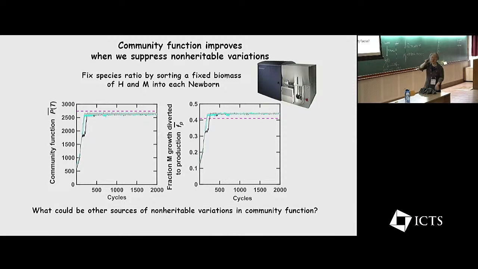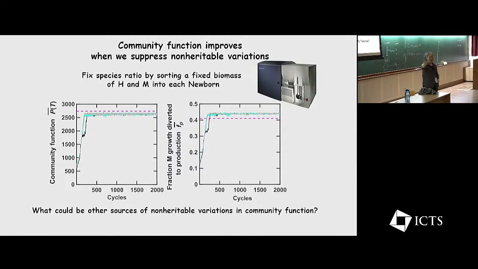What could be the other sources of non-heritable variations when you do community selection? This lady, the lady behind Sylvia. So the question is that, because we just saw an example of non-heritable variations, right?